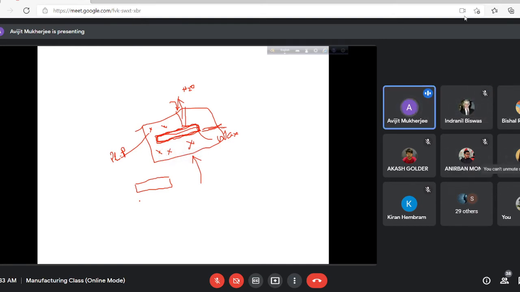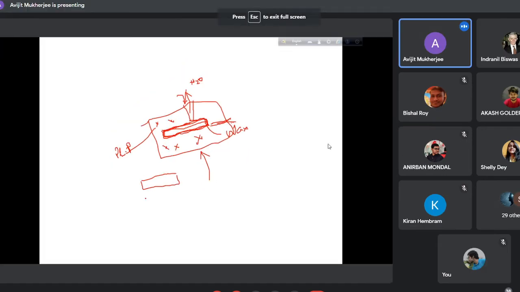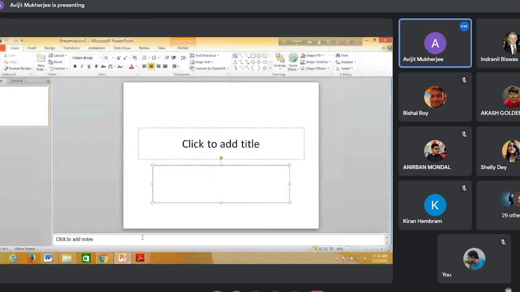That object is produced and may be used as a replica in the lost wax process. Traditionally we use wax, but nowadays instead of wax, polyester materials are used.